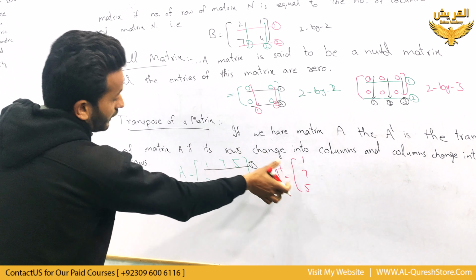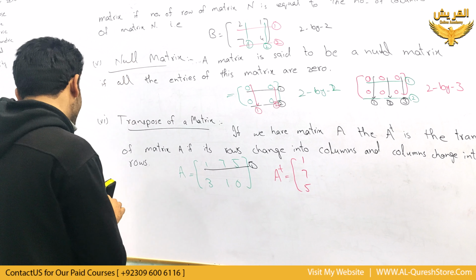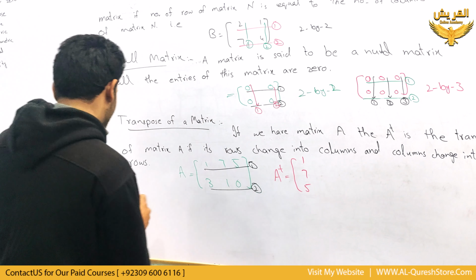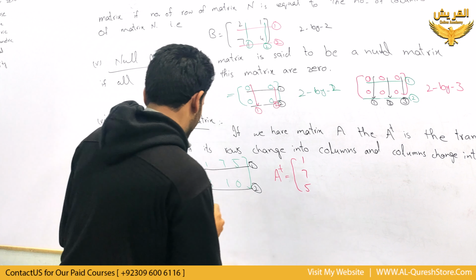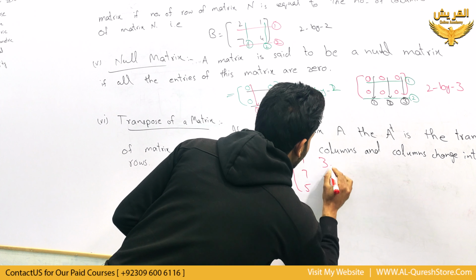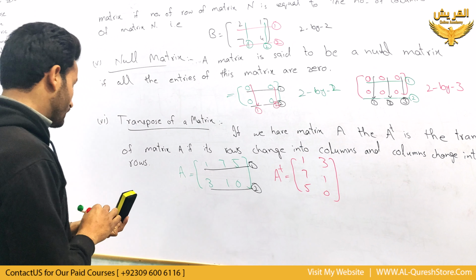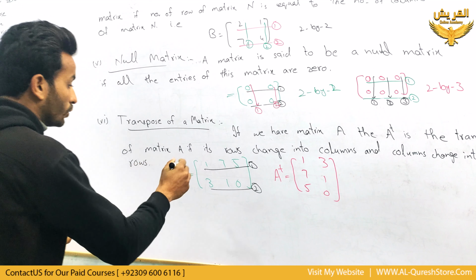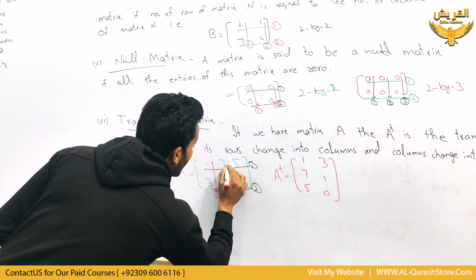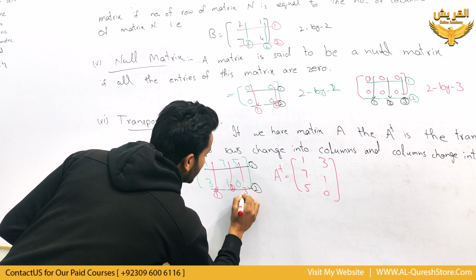The first row changes into first column and same about the second row. Second row changes into the second column of its transpose: 3, 1 and 0.